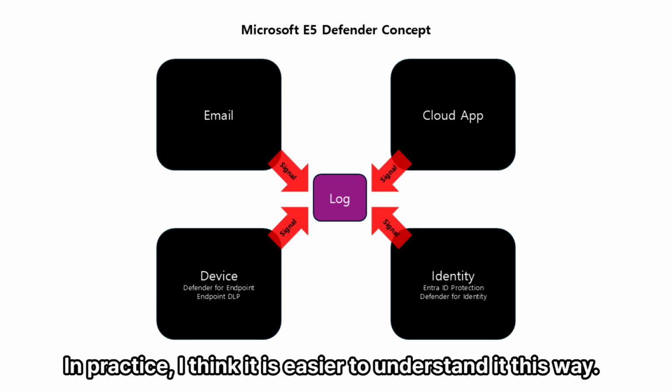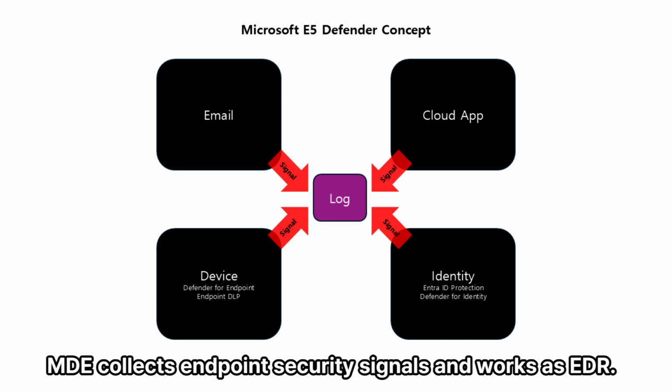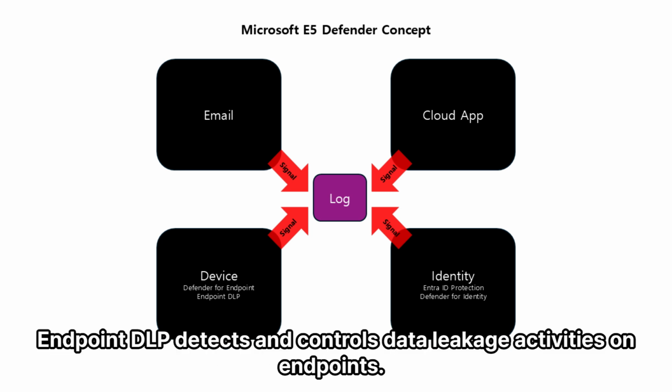In practice, I think it is easier to understand it this way. MDE collects endpoint security signals and works as EDR. Endpoint DLP detects and controls data leakage activities on the endpoint.